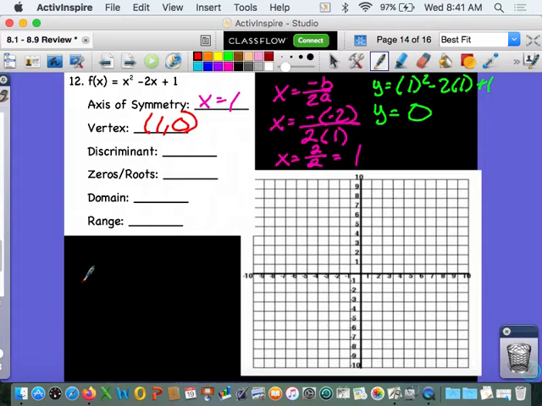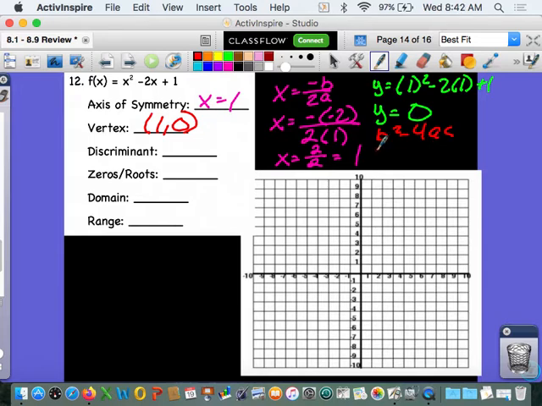Ooh, this is asking me for something different. It's asking me for my discriminant. Okay. So what's that formula to find discriminant? B squared minus 4ac.